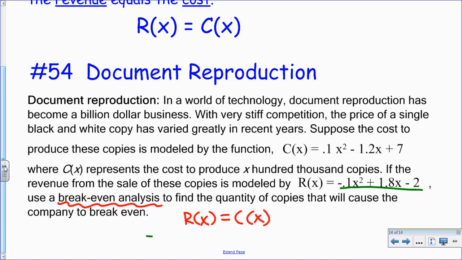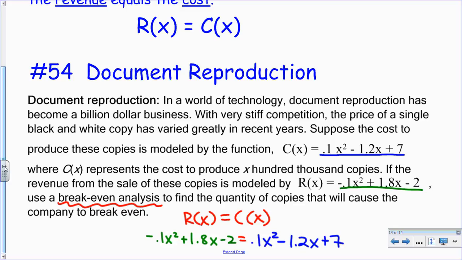So negative 0.1 x squared plus 1.8 x minus 2 equals. Then I'll plug this in for c of x. So 0.1 x squared minus 1.2 x plus 7.